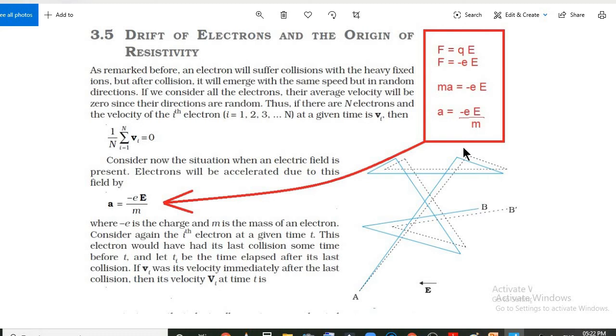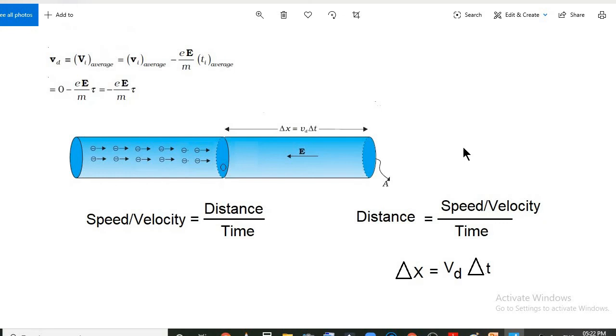That's why the final velocity for individual electrons will be different. We are only calculating the average velocity. So if there are 1 crore electrons, the time interval between successive collisions for each of them will be different. We are averaging it. That is this factor.